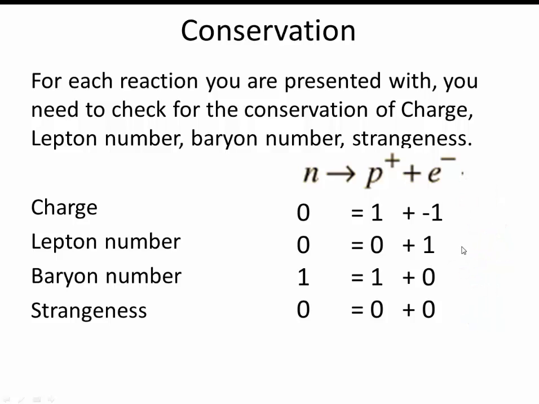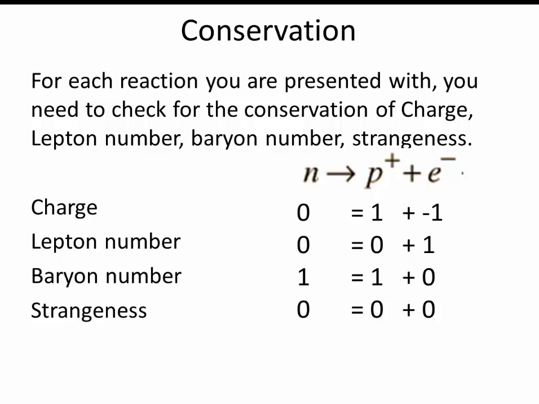The only way it could happen is if we had another particle that was produced which had a lepton number of -1 to balance this. And this is how they did it. This is how they work out the particles that are missing. They say there must be another particle here which has a lepton number of -1.